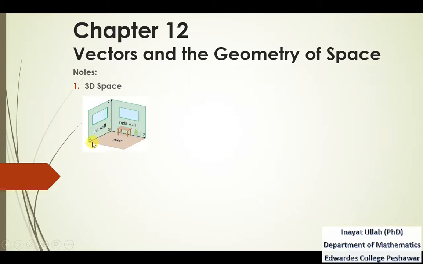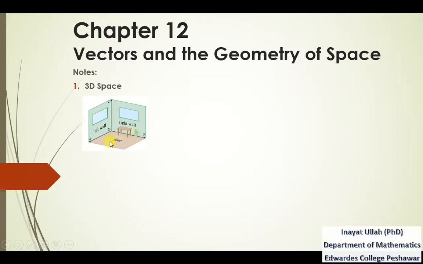So if this line is denoted by x-axis, and this corner is denoted by y-axis, and the vertical one is, say, z-axis, so this floor is made of all x's and y's.